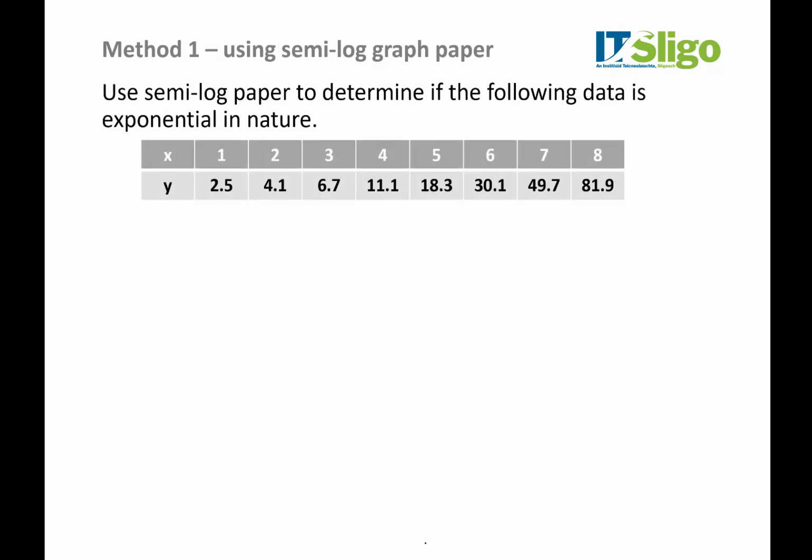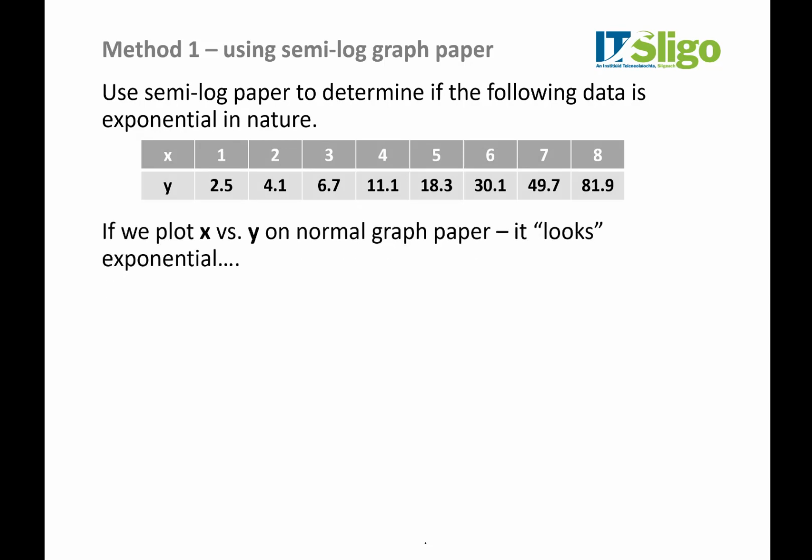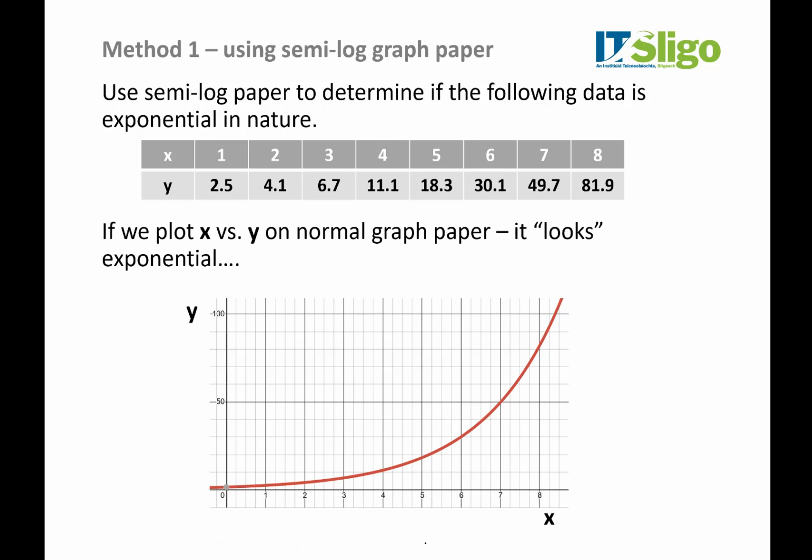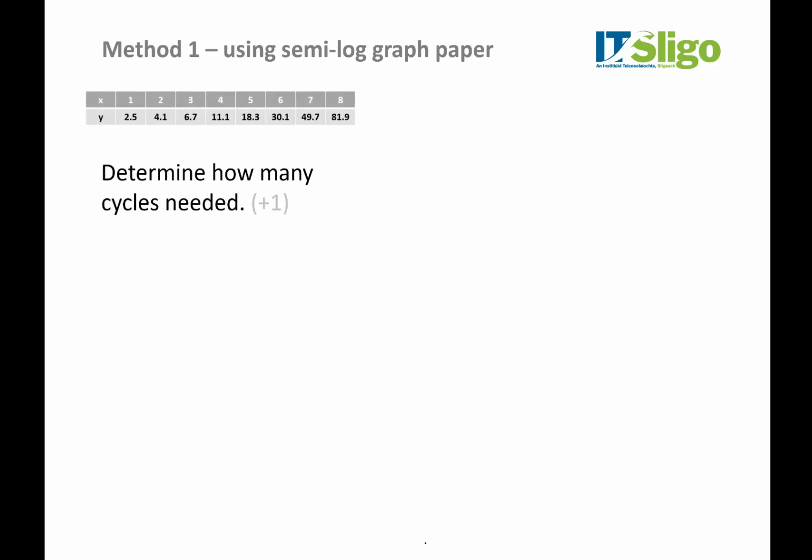So now here's a typical example. I think this was taken from an exam. So if we just plot it as normal, it looks exponential, but as I said, that's not verification in itself. So what we do is first, how many cycles do we need?